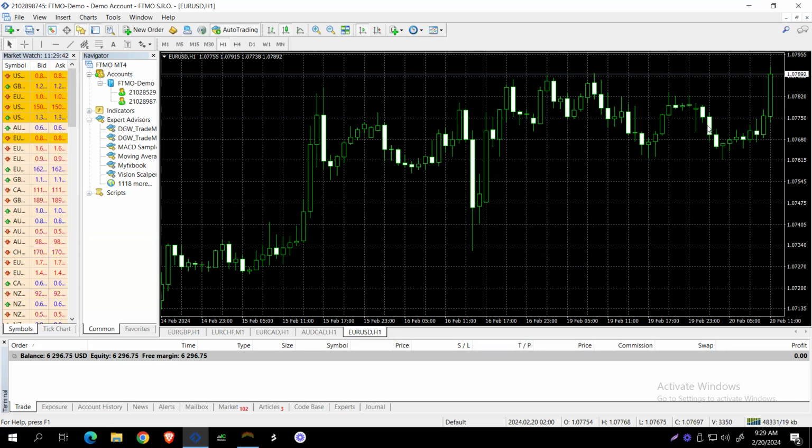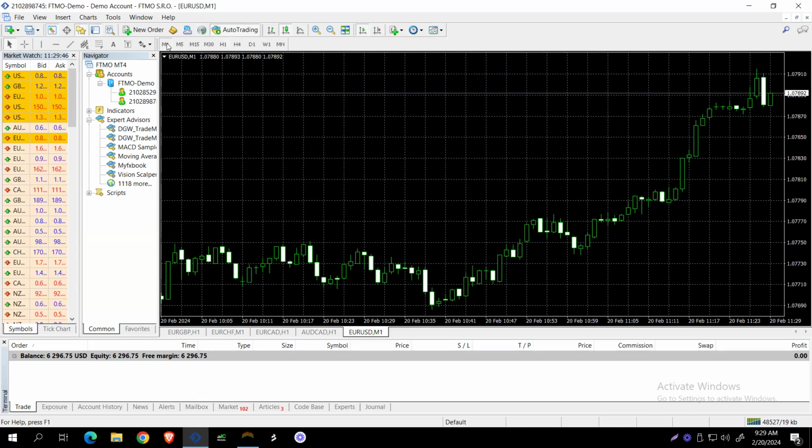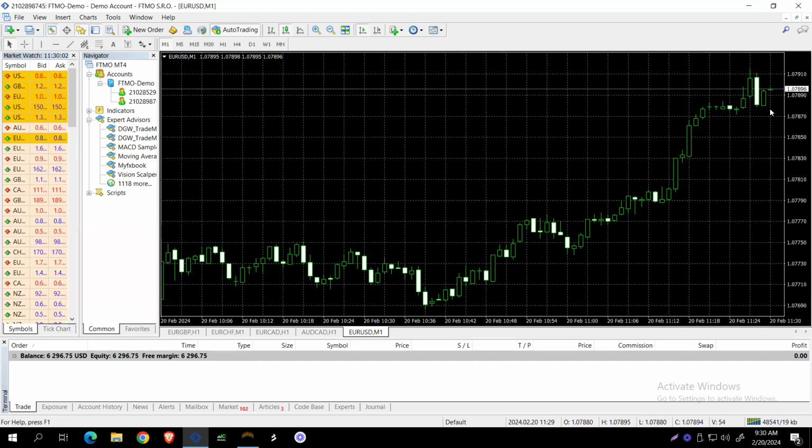You see it. So this is a 1 minute time frame. It takes 1 minute for another candle to be born. But each minute, it tells the exact parts of if the Euro USD is rising or if it's falling.